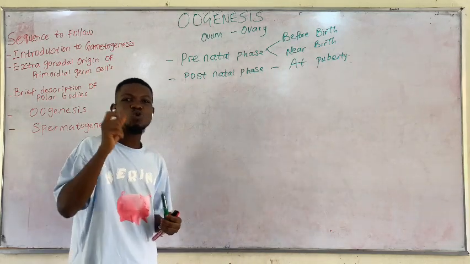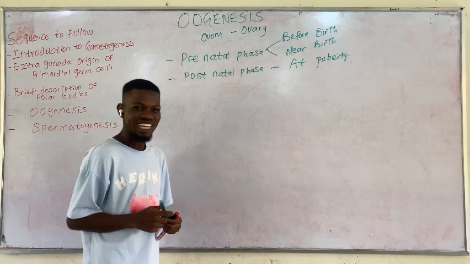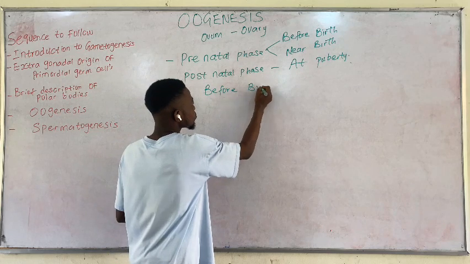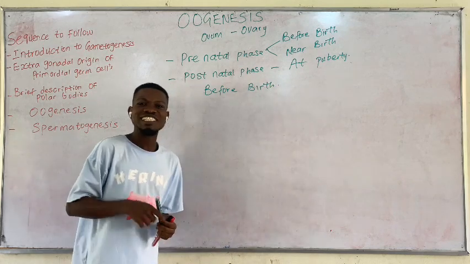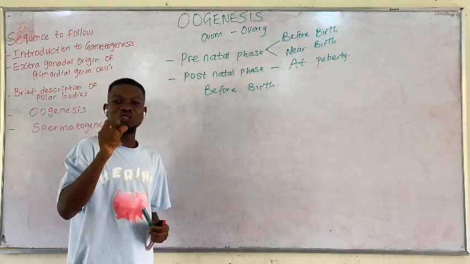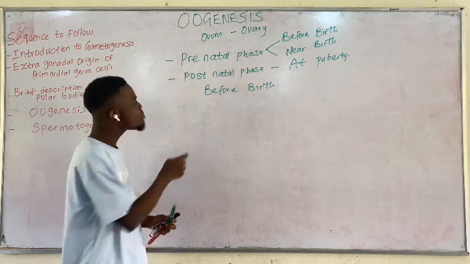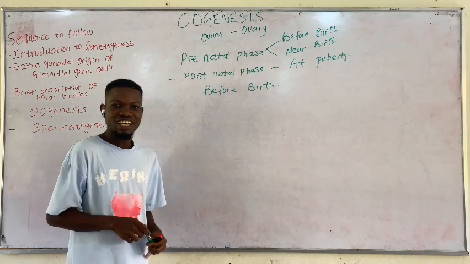So let us look at what occurs before birth in oogenesis. Before birth tells us that the female fetus is in the womb of the mother. That is when they begin the process of oogenesis.